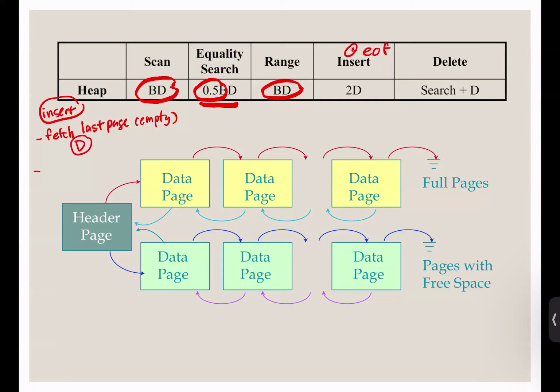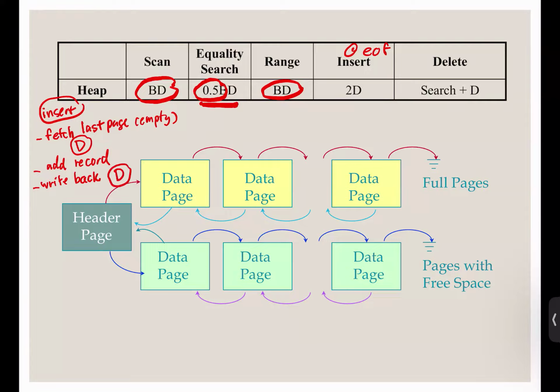And then you read it onto main memory, and then you add a data record to the page there. If you're done and you just leave it there, your database will not be updated, right? So you have to write back that page that you just modified.